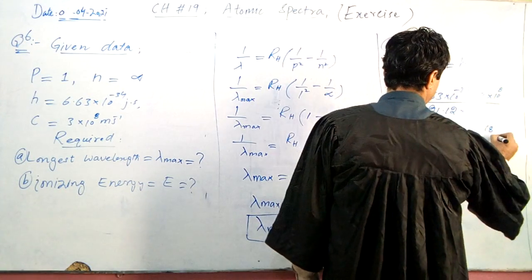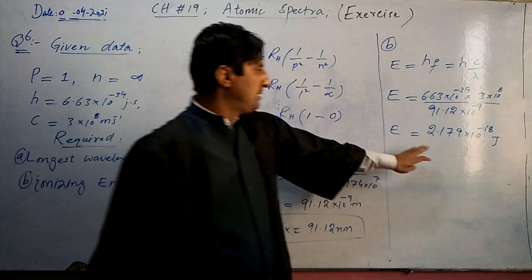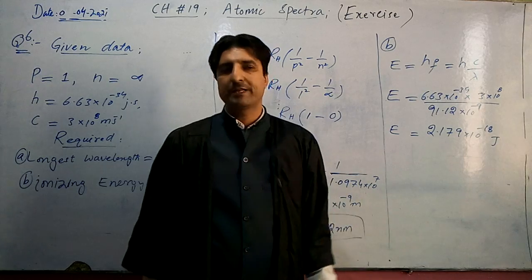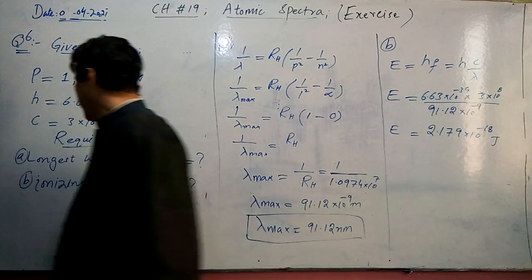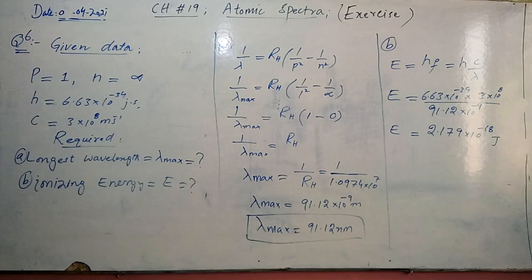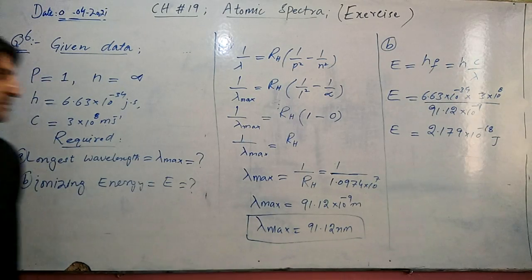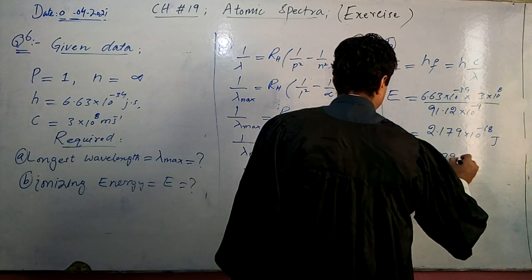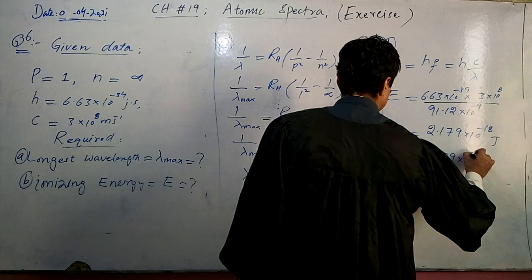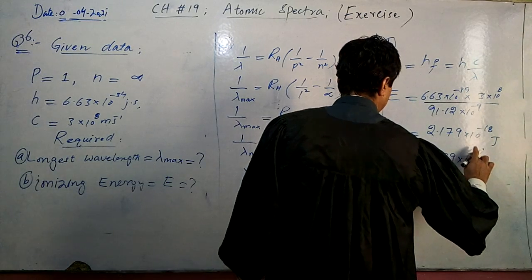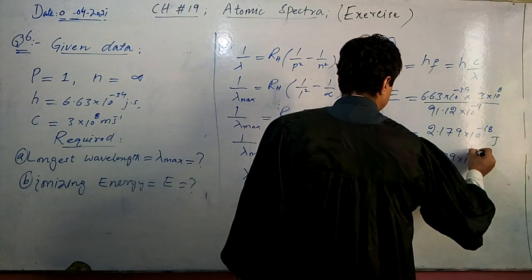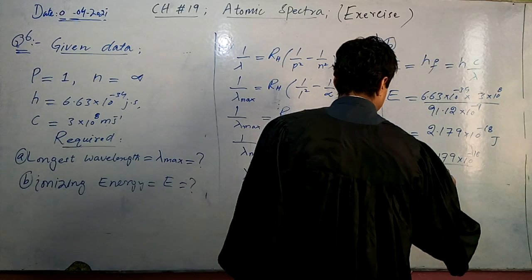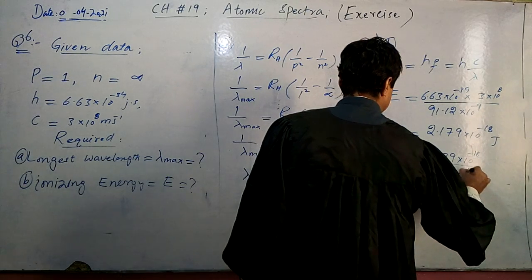But this answer will be in joule. If we convert this joule to electron volt, we have to divide this number by 1.6 multiplied by 10 power minus 19. So E will be equal to 2.179 multiplied by 10 power minus 18 divided by 1.6 multiplied by 10 power minus 19.